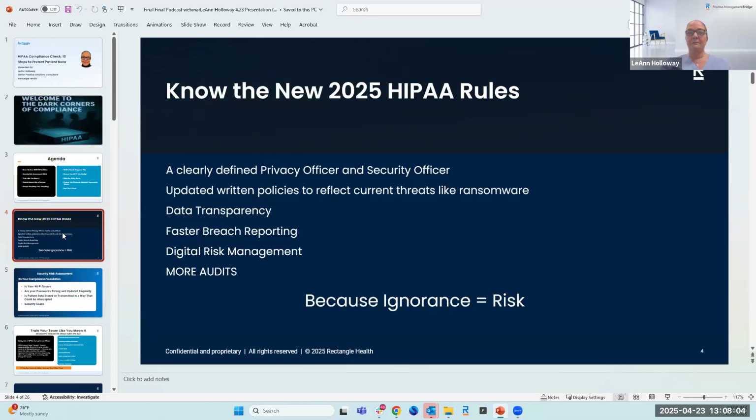The NPRM also mandates that all existing implementation specifications be elevated from addressable to required. I'm going to say that one again because this is probably one of the biggest things.